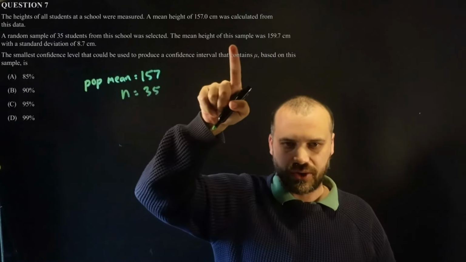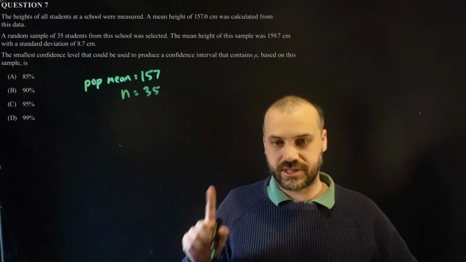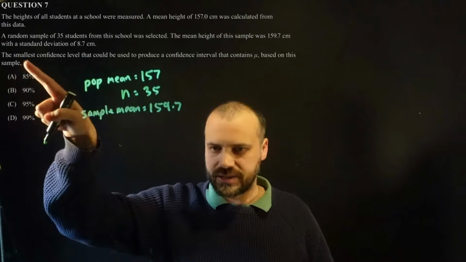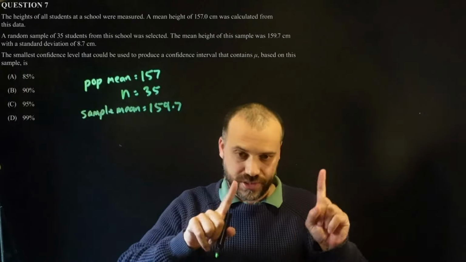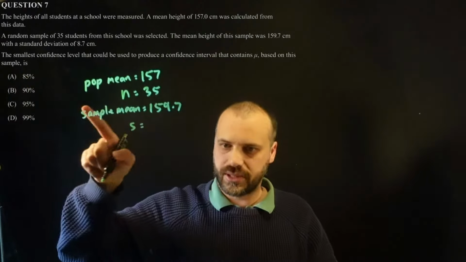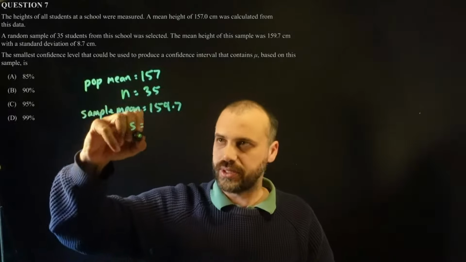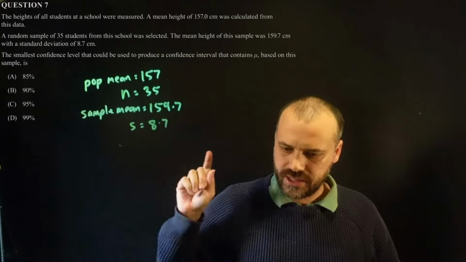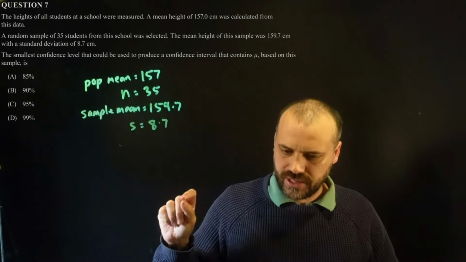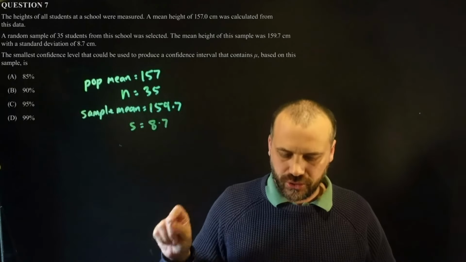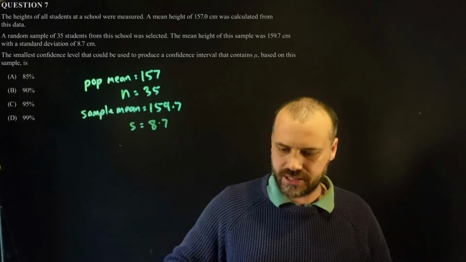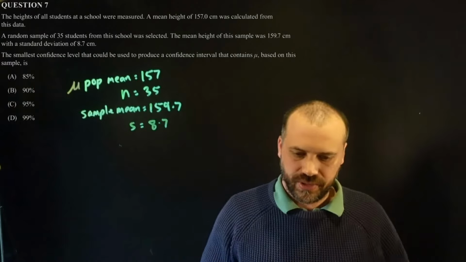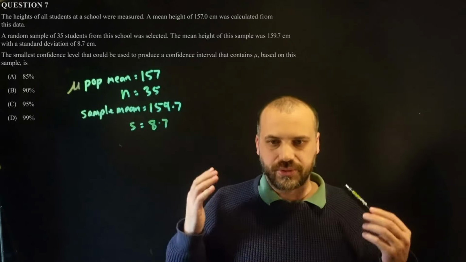The mean height of this sample, so the sample mean, is 159.7, and the standard deviation of the sample is 8.7. Okay, and then the question says, the smallest confidence level that could be used to produce a confidence interval that contains mu, and mu is the population mean, based on this sample is.